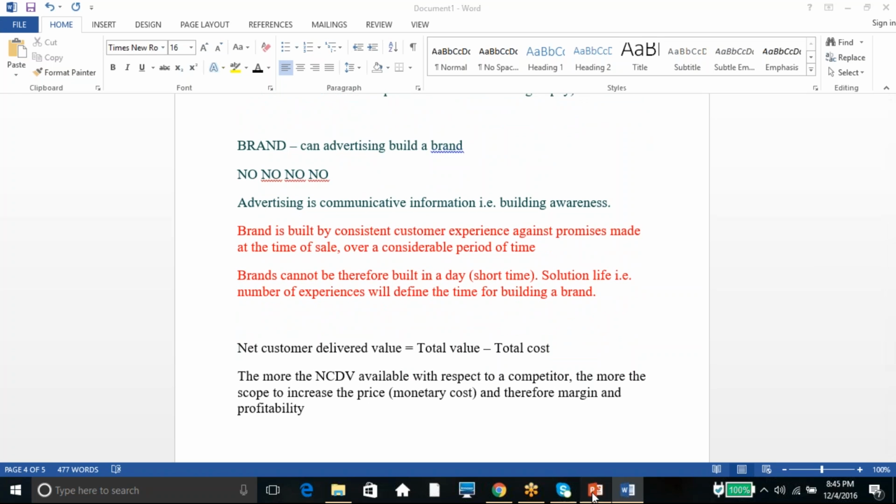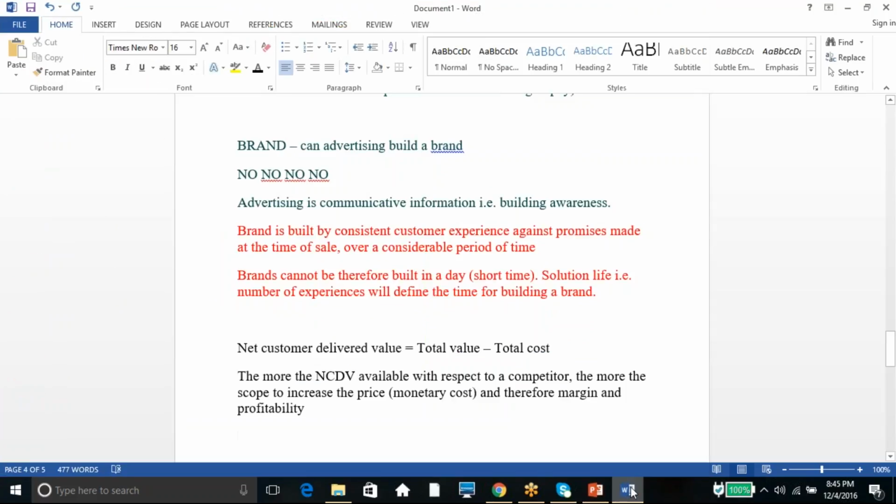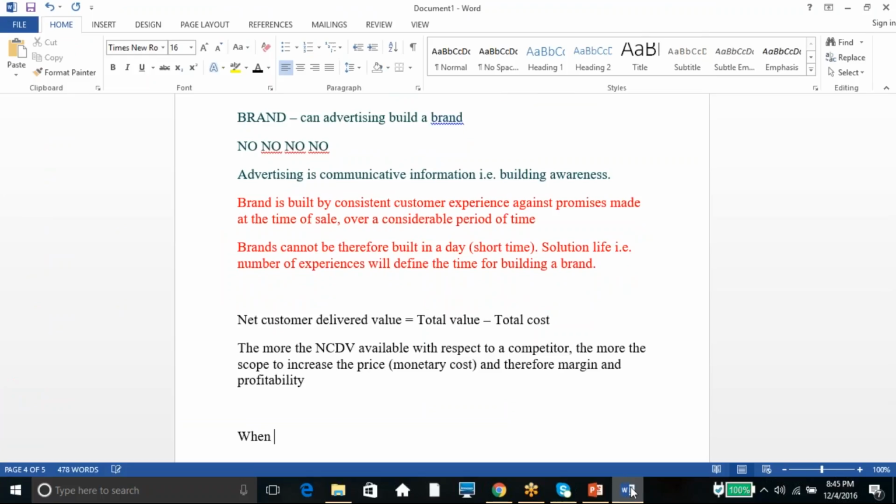Okay, let's now understand these. Because you need to actually put numbers here, and please let me reiterate that: when you apply this, please put actual numbers.